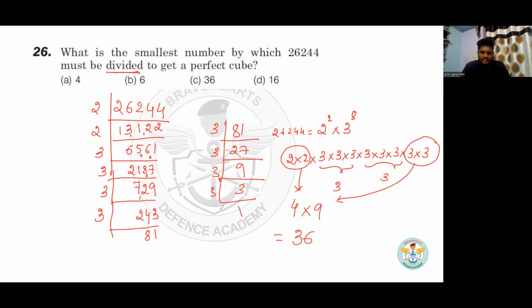Getting this? Why did we get 36? Here we have extra 2 2s and here we have extra 2 3s. So the answer is 36. Getting it?